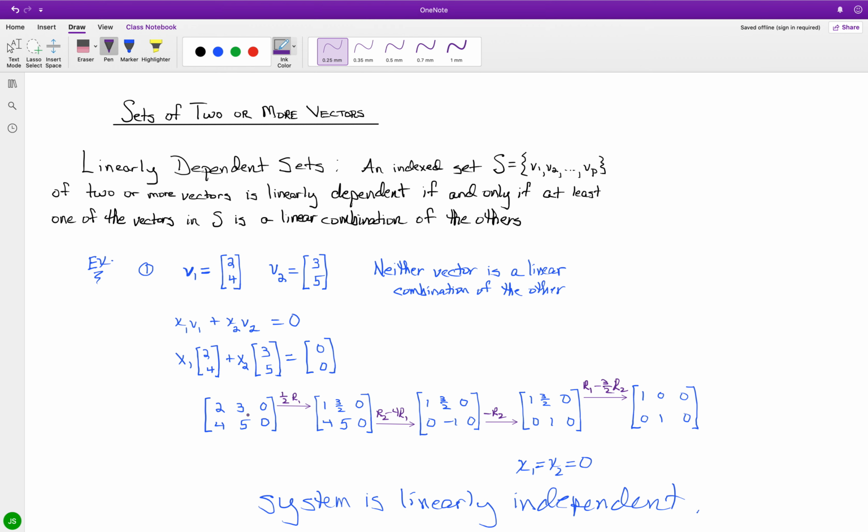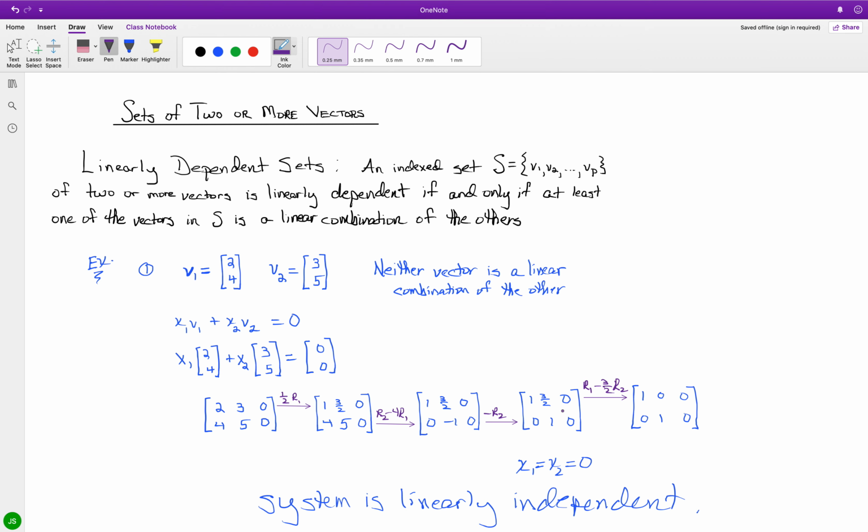Okay, so you have 2, 3, 0, 4, 5, 0, and then taking half of the first row, you have this stage, and then we have R2 minus 4 times the resulting first row, getting closer to the reduced echelon form. So we have 0, negative 1, 0 at the bottom, and then taking the opposite of the second row, I have 0, 1, 0, and still have 1, 3/2, 0.